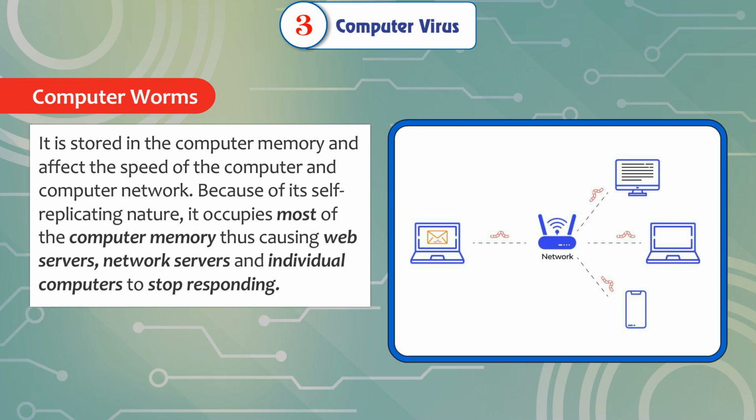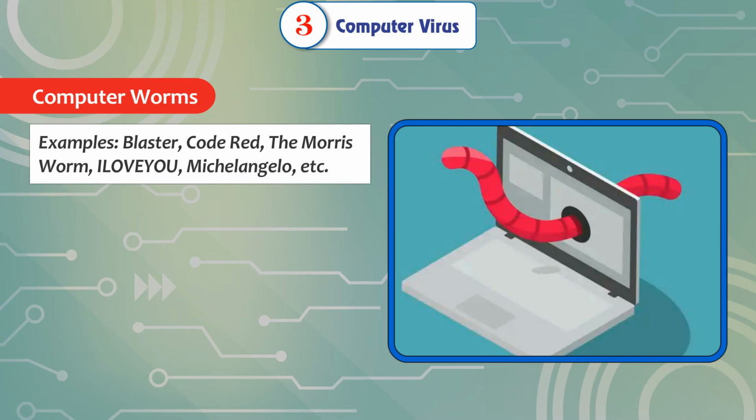Because of its self-replicating nature, it occupies most of the computer memory, thus causing web servers, network servers, and individual computers to stop responding. Examples: Blaster, Code Red, the Morris Worm, I Love You, Michelangelo, etc.